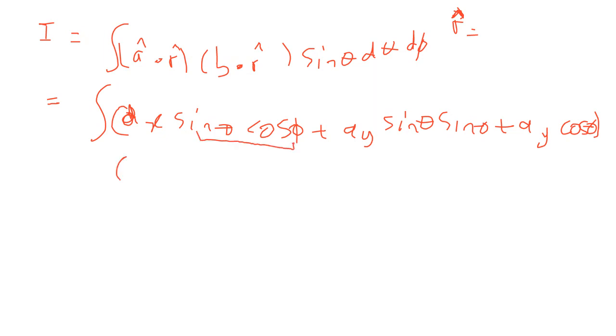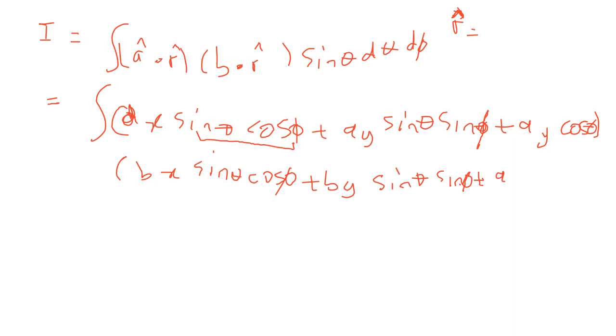So you do the same thing for the b dot r, so you get bx sine theta cos phi plus the same expression, sine theta sine phi, plus ay, I think this is bz cos phi, right?